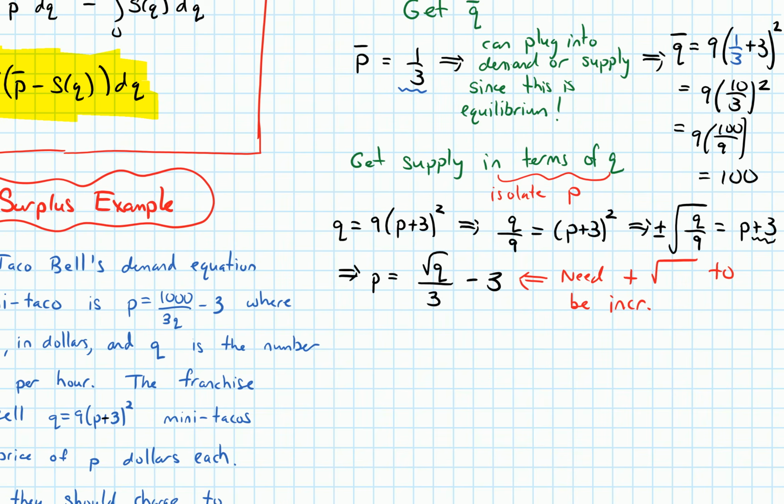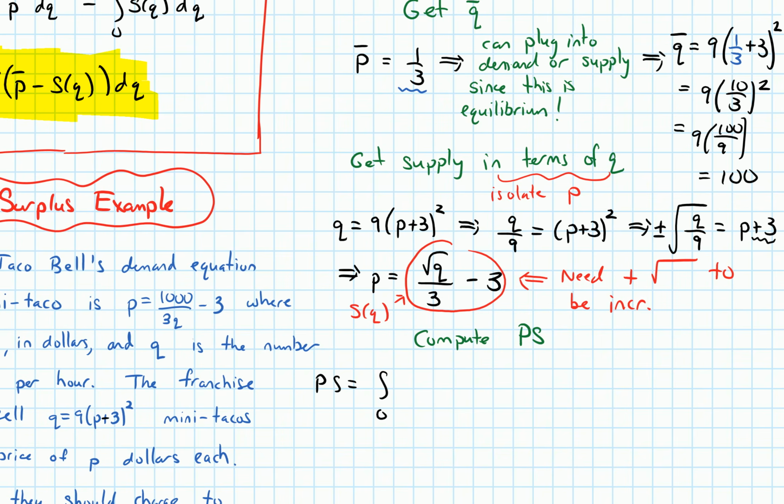Okay, so now I know what P is in terms of Q, which means this is my S of Q. It is supply as a function of Q. So we are ready now to finally compute our producer surplus. So our formula for that was producer surplus equals the integral from 0 to Q bar.